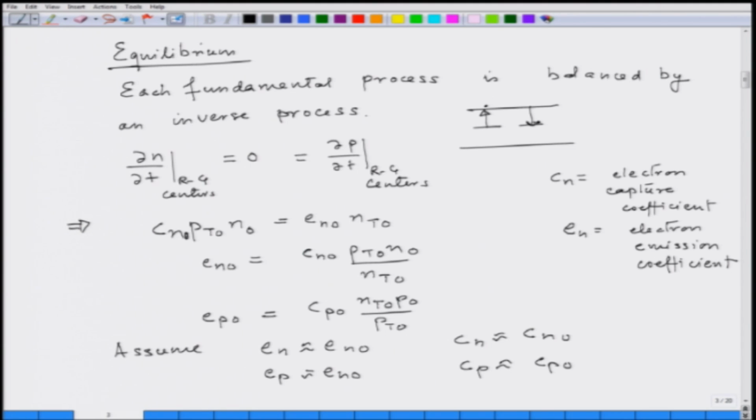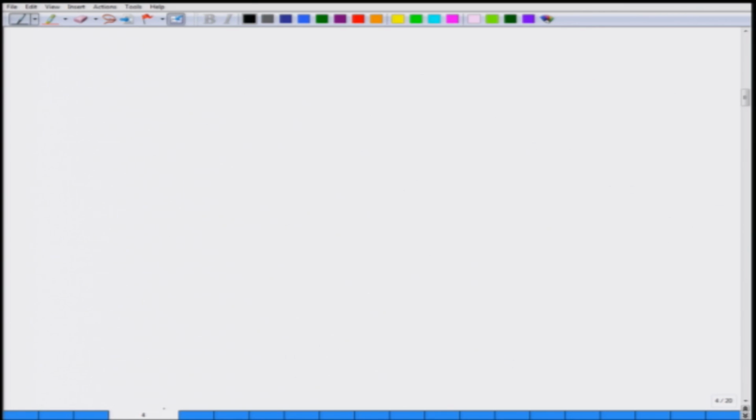With this simplification, I can write that E_n, the emission coefficient, which I say remains similar to the equilibrium coefficient, will be C_n times n_0 p_T0 over n_T0.